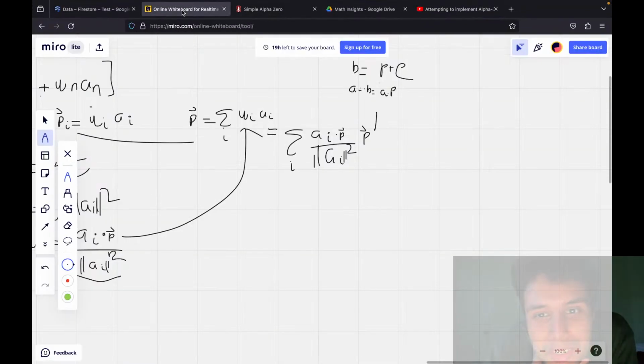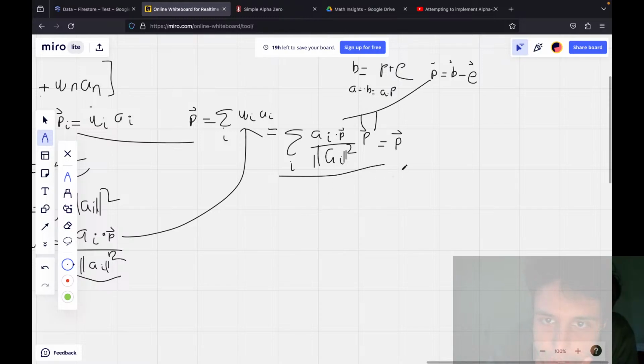Okay, right, so here I was. Right now we have this equals P, right? But we want to express P, the projection of B onto the span of all the Ai. Now B equals P plus E, so we can reshuffle that as P equals B minus E. Let's substitute that inside here and here.